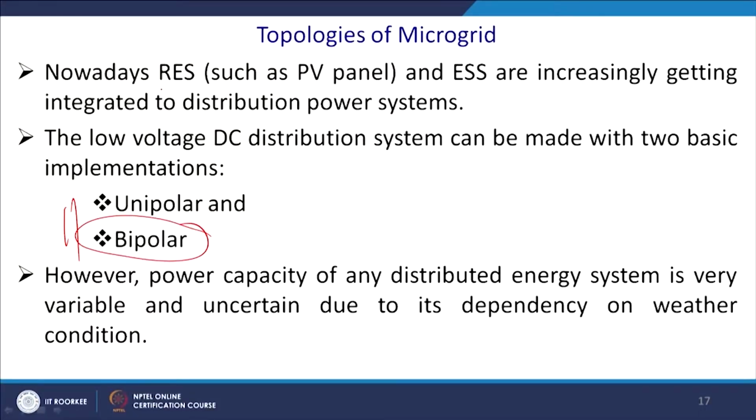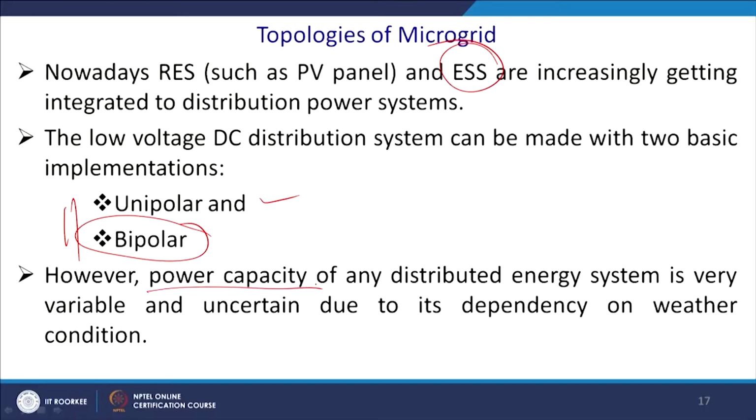Nowadays, renewable energy resources such as PV panels and energy storage elements are increasingly getting integrated in the distributed power systems, and thus you may have a unipolar topology, where you supply plus and ground or 0, or you supply plus, minus and ground, and thus you have a redundancy. If one line goes off, you can still keep on supplying on the other line.